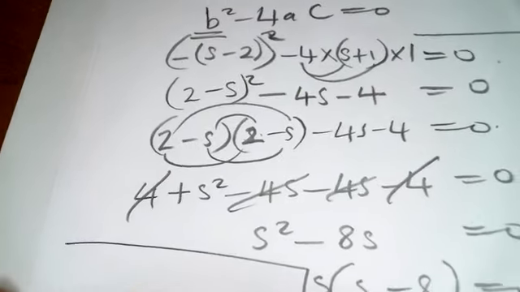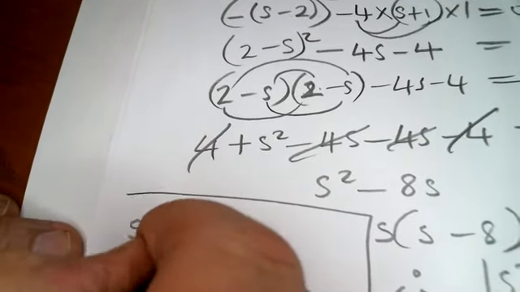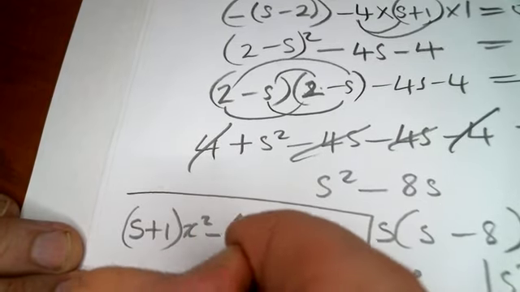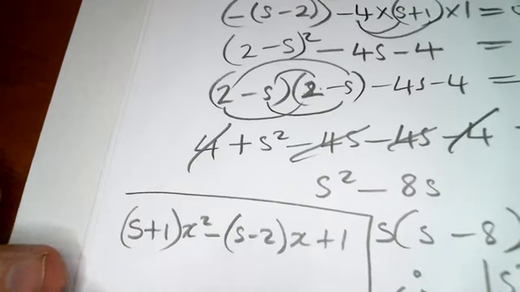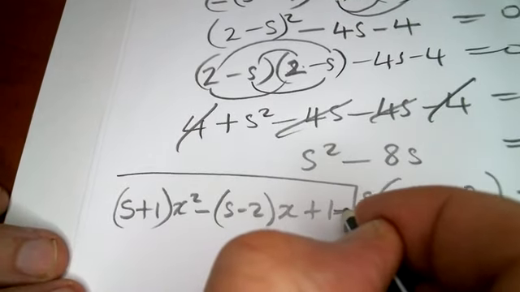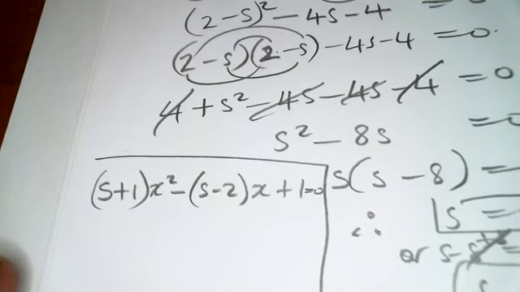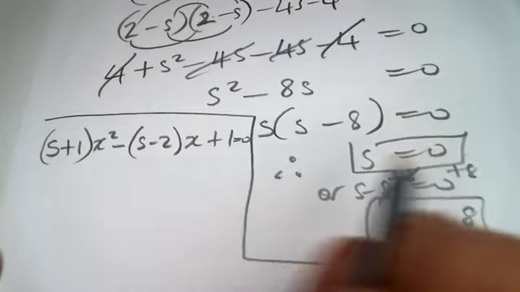So I'll restate it now. It's s plus 1 times x squared minus s minus 2 times x plus 1, and that equals 0. I haven't got much room here. I've got equals 0, that's squeezed in there, yeah? But we've got two things. Let's make s equal to 0 first.